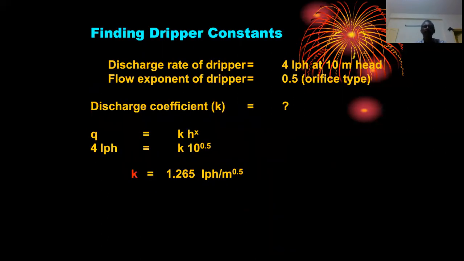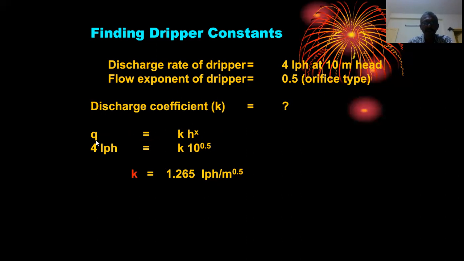So how can we find the dripper constants like K and X value? Let us assume that discharge rate of dripper is given as 4 liters per hour at 10 meters of head, and flow exponent of the dripper, let us assume that it is given as 0.5. So for this small problem, we can find out what will be the K value.